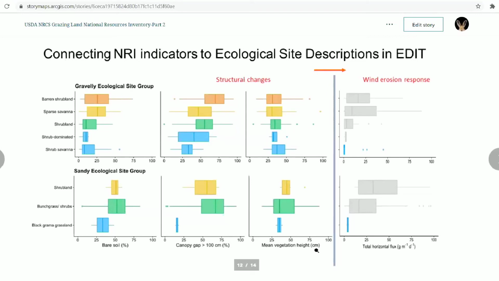So the goal here is to include summaries of calculated and model indicators from NRI and ecological site descriptions and ecological site groups so that users can assess the condition of their land. This is intended to help managers identify benchmarks to support land health assessments and to determine which conservation practices could be most effective for avoiding transitions to less desirable states.